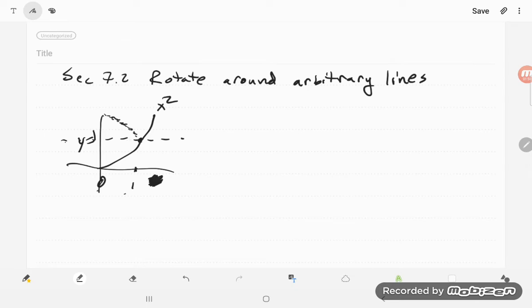Well, it's still the same idea. My axis of rotation is the line y equals 1, so I'm going to slice perpendicular to it. So I'm going to cut things up on the x-axis again, and so I will have an integral from 0 to 1.